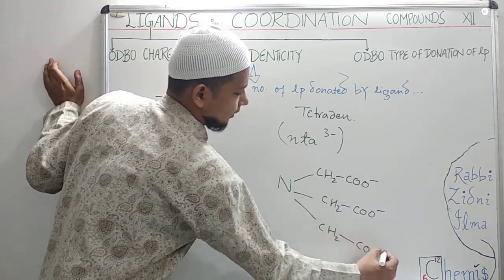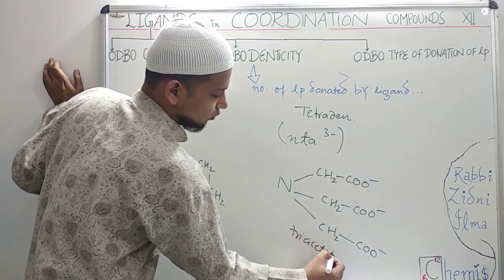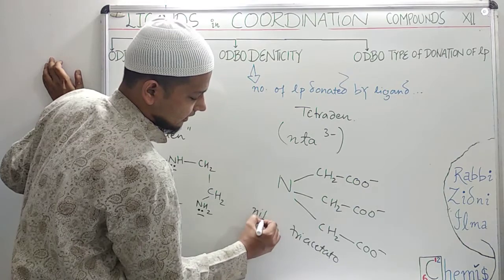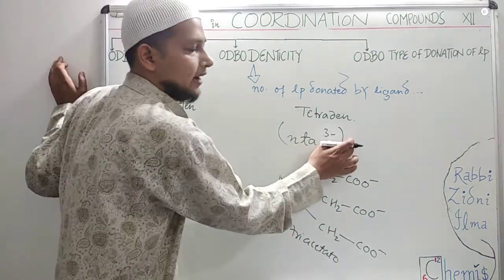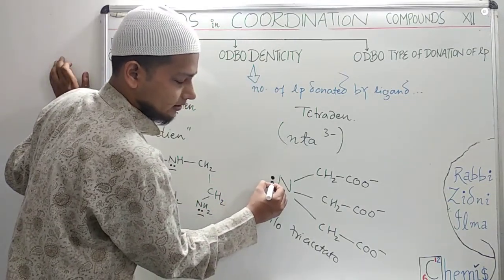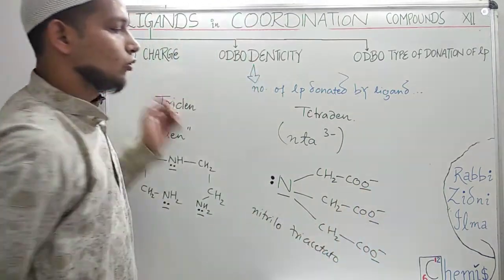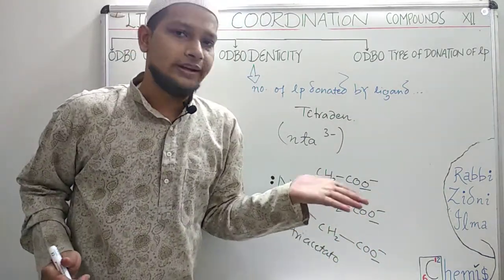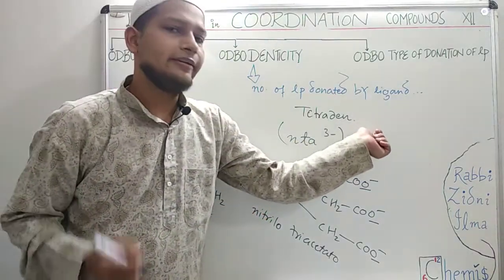So triacetato, and this N is nitrilo. So nitrilotriacetato, NTA3-, a tetradentate ligand, 1 lone pair from this donor, this donor, this donor and this donor. Total 4 donors, 4 lone pairs are donated to the central metal. So we have this tridentate, we have this tetradentate.